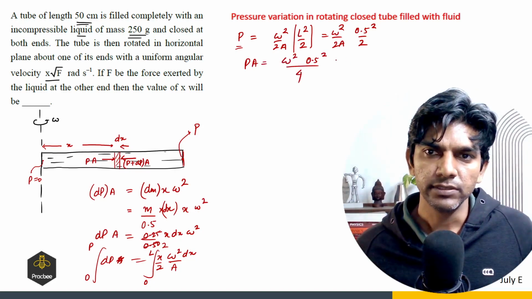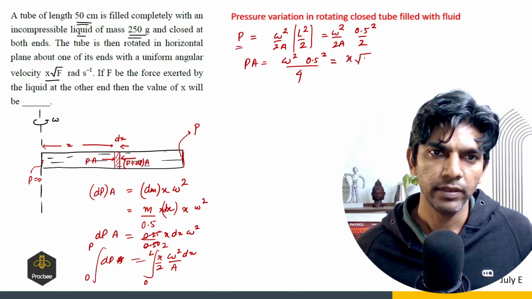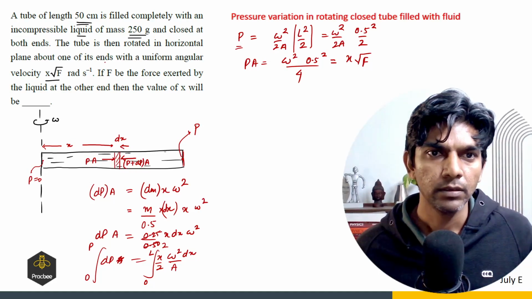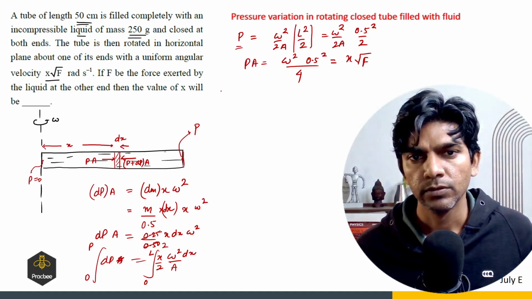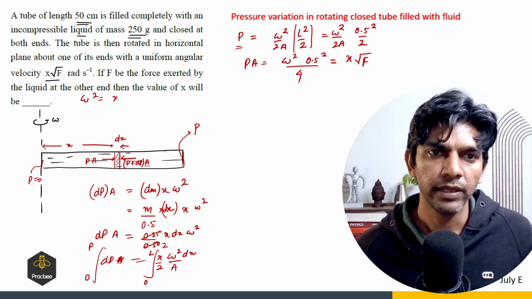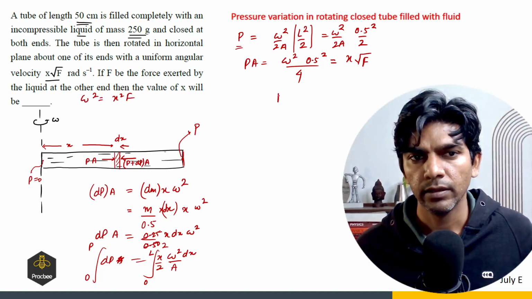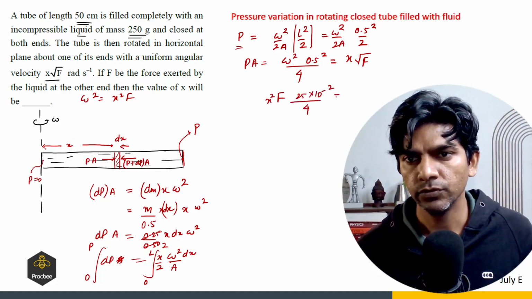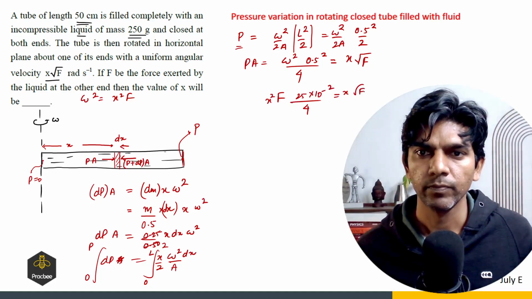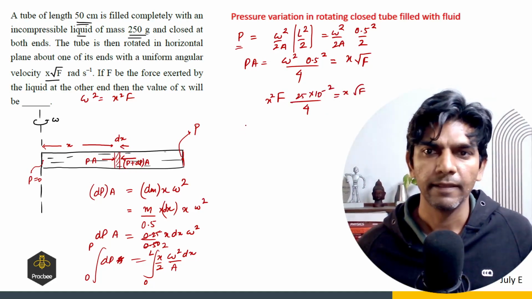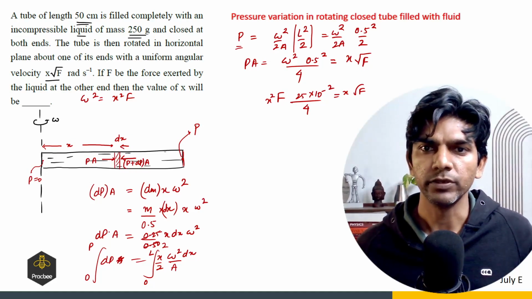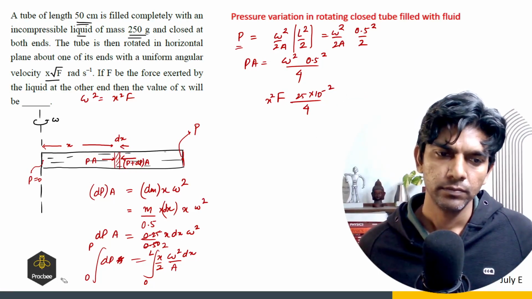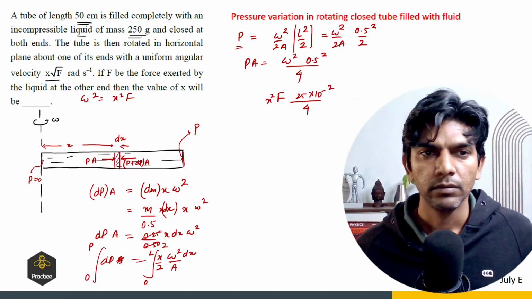If F is the force and the angular velocity is x times root F, then omega square is nothing but x square times F. So x square times F, times 25 into 10 raised to power minus 2 divided by 4, is equal to F. Sorry, this force is not x times root F. Omega is this, right?